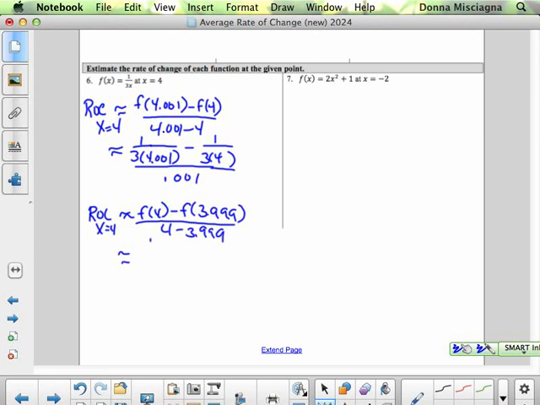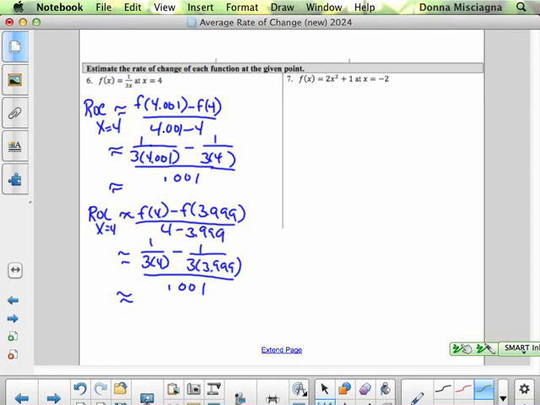So that's going to be 1 over 3 times 4 minus 1 over 3 times 3.999, all divided by, and that's still going to be 0.001. And see if we get the same number as our rate of change at x equals 4. But we'll plug that in. I'll plug that into the calculator and give you the final answer.